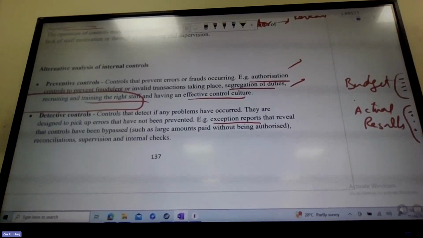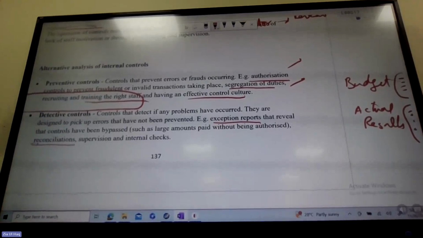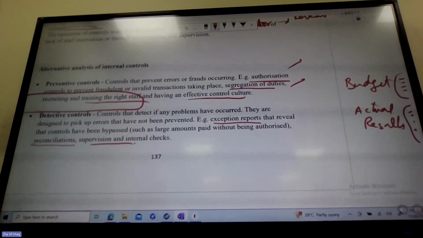It is for detecting, meaning highlighting issues that reveal the controls have been bypassed, such as large amounts paid without being authorized. Reconciliation, by comparing one set of data with another, such as actual results with budget, we can highlight differences. That is also a detective control. Supervision: through supervision, you can check if anybody is not working properly and highlight problems. That is also a detective control.